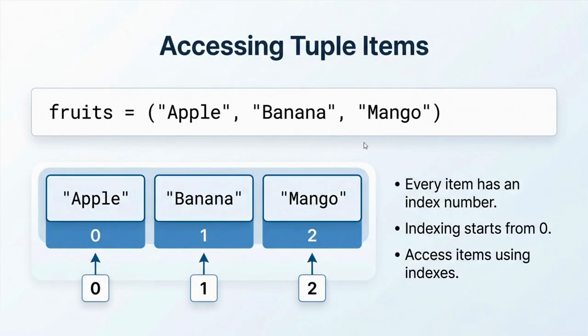How to access the items in tuples? So we have created the tuple, and now how do we access a single element of the tuple collection? Every item has an index number, same as in a list. Index always starts from zero, and we access an item using its index value.